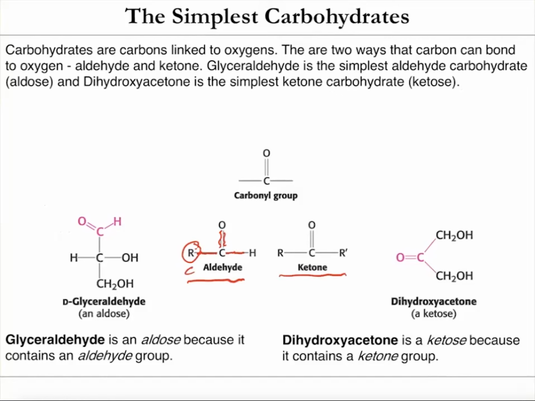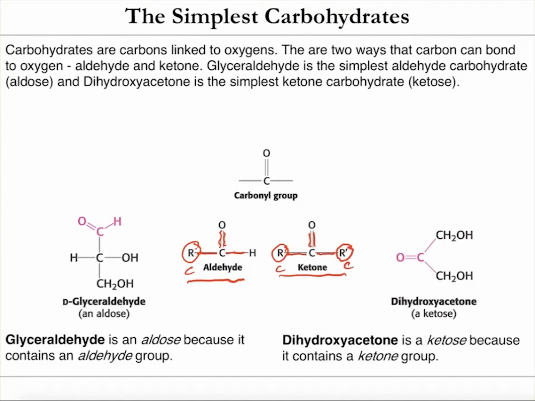So that's an aldehyde. A ketone is similar in that it's carbon double bonded to oxygen, bonded to an R group, which is usually carbon, but it's also single bonded to another R group, which is also usually carbon. So that's a ketone.